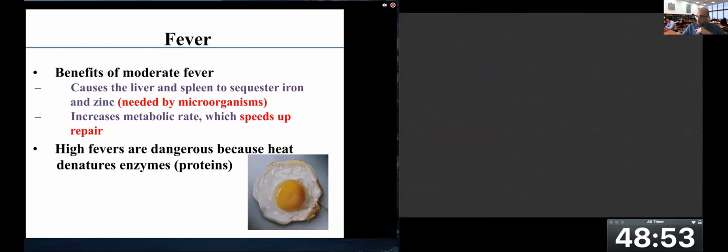Another good thing about fever is that it sequesters the iron and zinc in the liver and spleen. Why is it important to move the iron and zinc here?